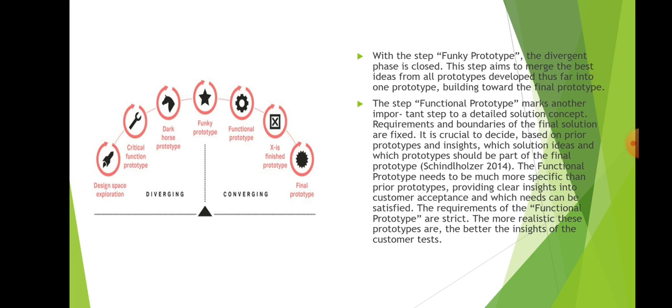Requirements and boundaries of the final solution are fixed. It is crucial to decide based on prior prototypes and insights which solution ideas and which prototypes should be part of the final prototype.